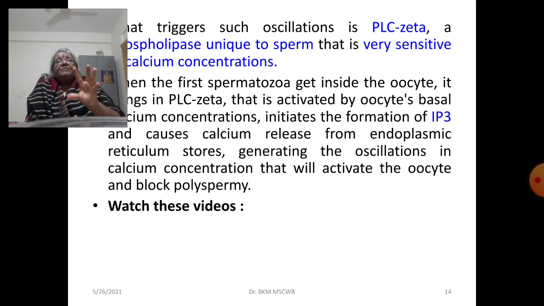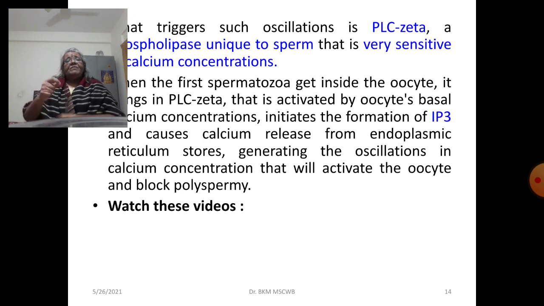Here I am talking about the triggering of oscillations, which is because of PLC zeta. It is a phospholipase, a very unique enzyme present in sperms, and it is very sensitive to calcium concentration.